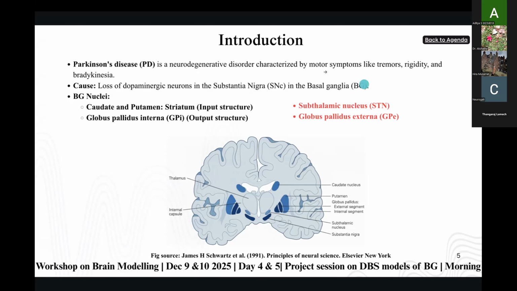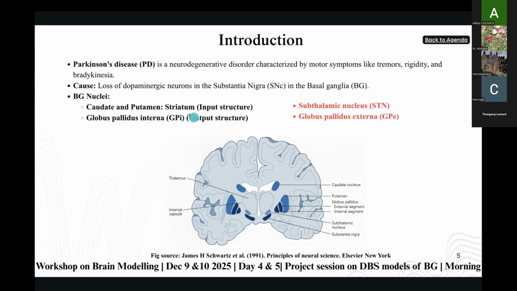Now, since the cell death occurs within basal ganglia, let's also understand what structures are present within basal ganglia. The entire basal ganglia is a full structure. Within that, there are small clusters of neurons, which we call other structures. If we look at the entire basal ganglia as an input-output system, there is an input structure through which the information passes, which we call the striatum.